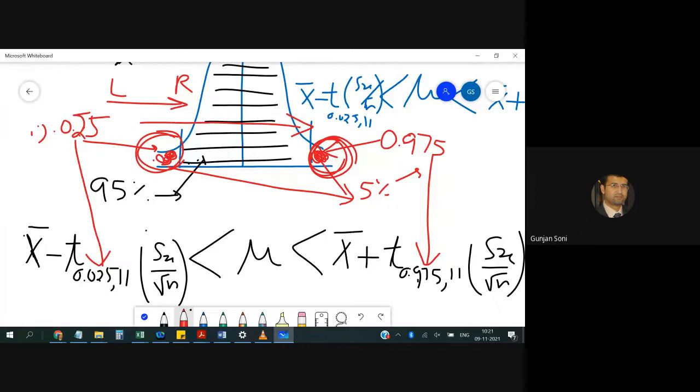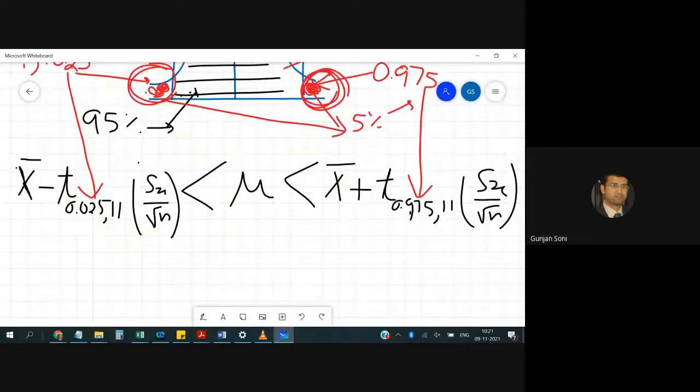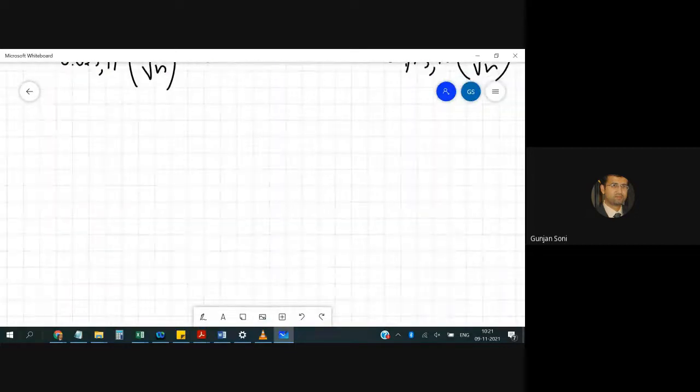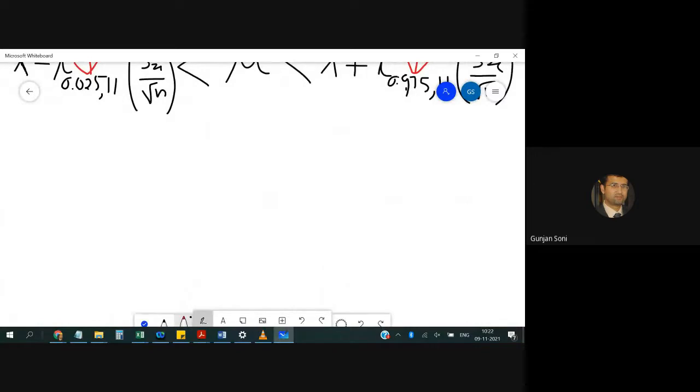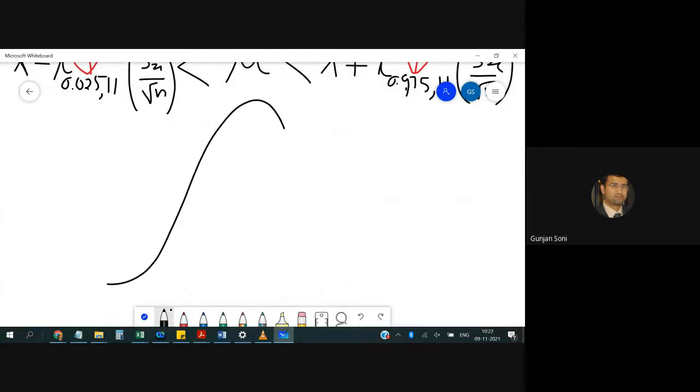Is it clear? Any doubts? If you don't raise doubts, we have to go ahead. Can you explain this again? Okay, I'll explain it again. So this is your t distribution curve. And why t distribution?